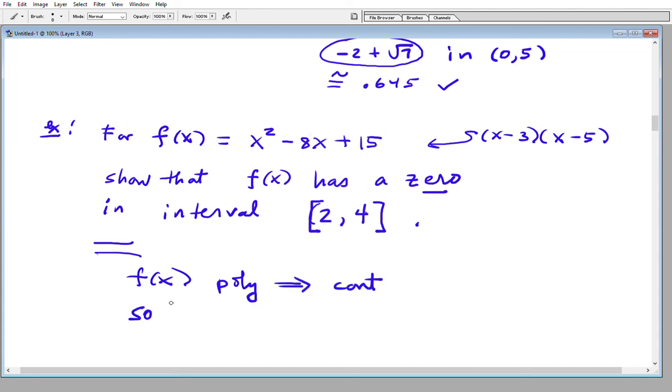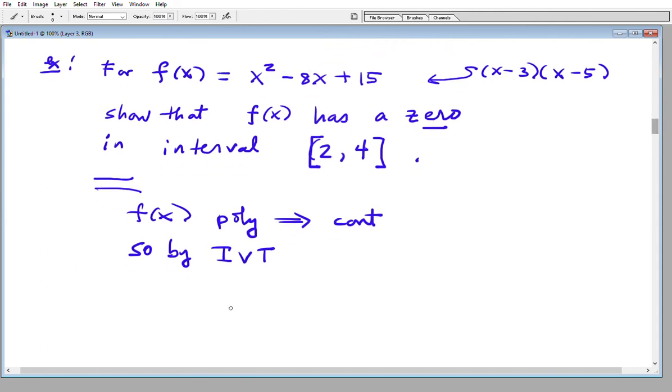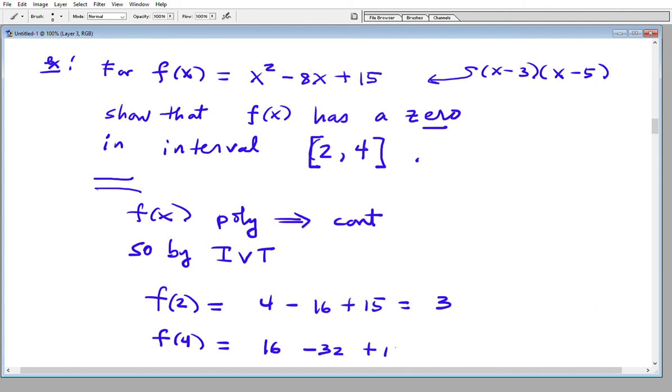So by the intermediate value theorem, f of 2 is equal to 4 minus 16 plus 15, that's 3. f of 4 is equal to 16 minus 8 times 4 minus 32 plus 15.